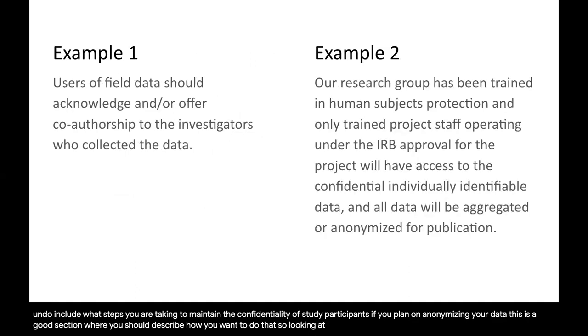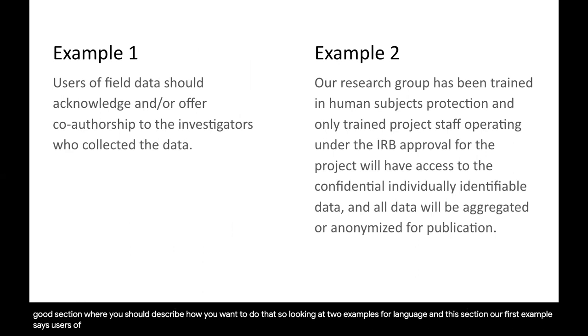So looking at two examples for language in this section, our first example says users of field data should acknowledge and/or offer co-authorship to the investigators who collect the data.